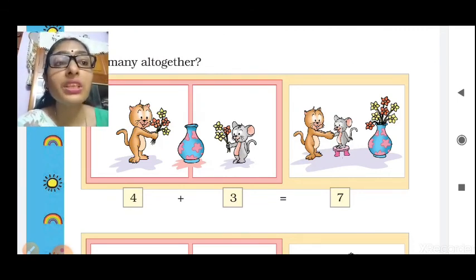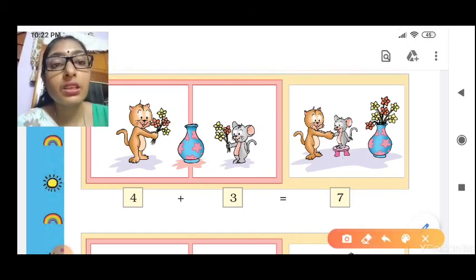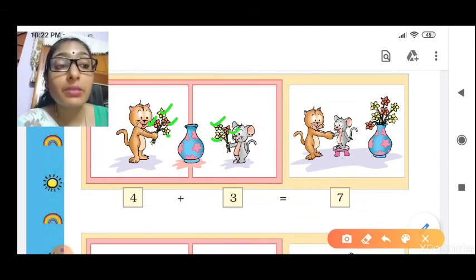So all together how many flowers do they have? 4 plus 3 is 7. So how to do this one? Yes, you will count like this. 1, 2, 3, 4, 5, 6, 7. Okay. So how are you doing? 1, 2, 3, 4, 5, 6, 7. So total how many? 7 flowers.